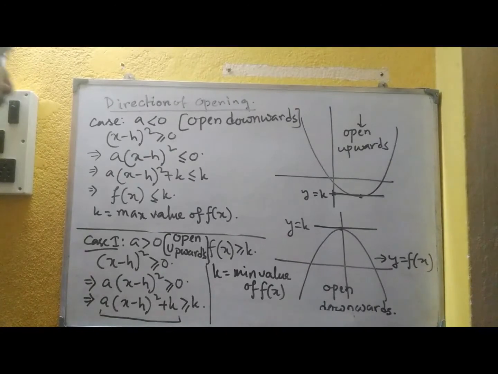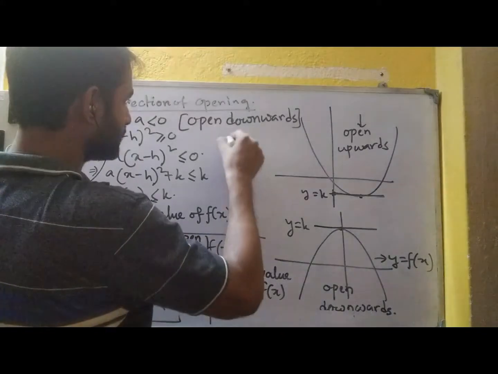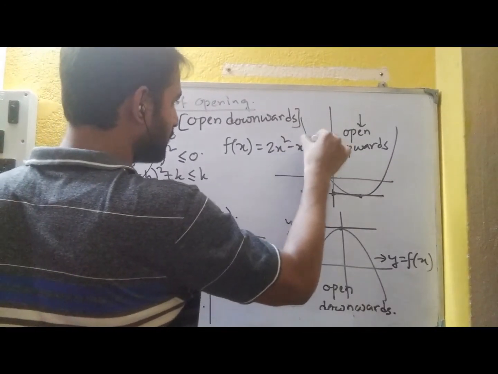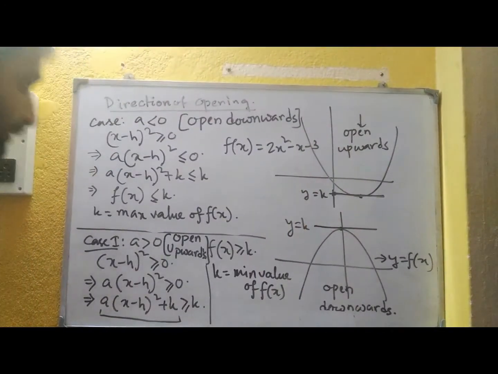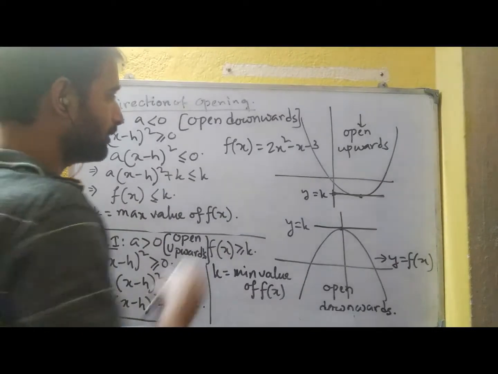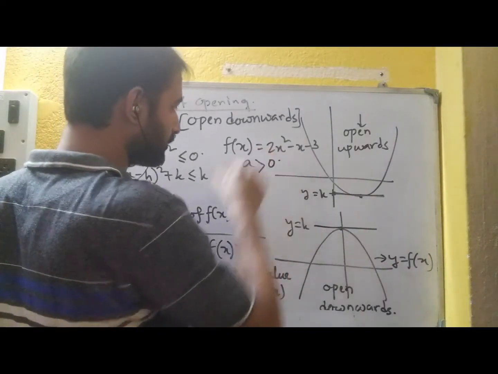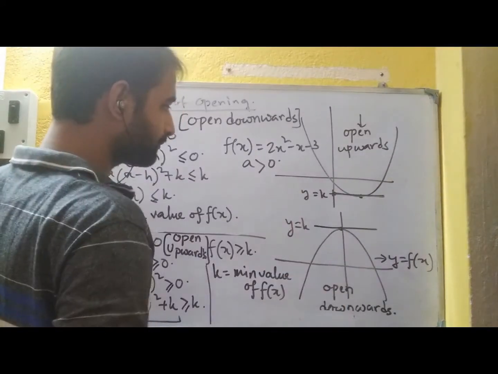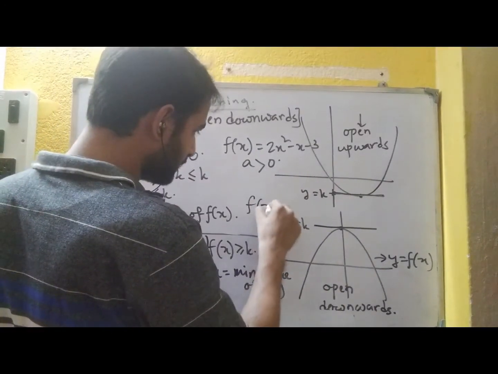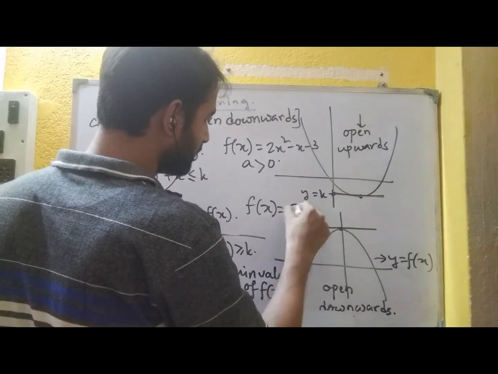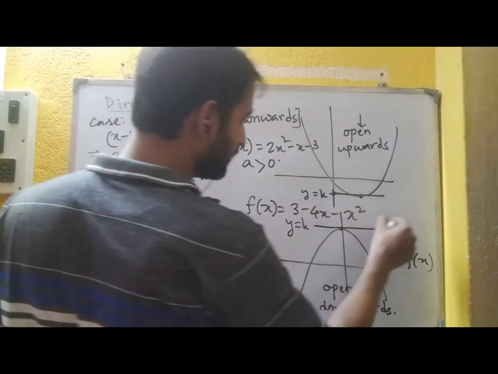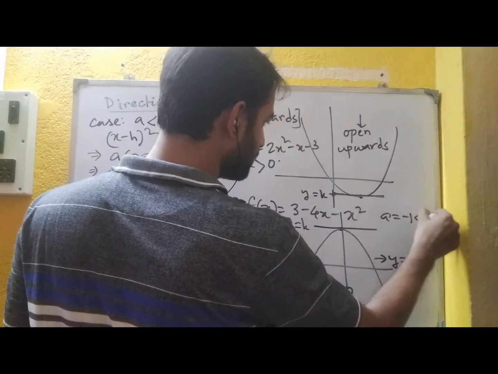So every time, if the equation f(x) is, say, 2x squared minus x minus 3, here a is 2, that is greater than 0, so you can say the graph will be open upwards. And if you see that f(x) is equal to, say, 3 minus 4x minus x square, then the value of a is minus 1, which is less than 0.